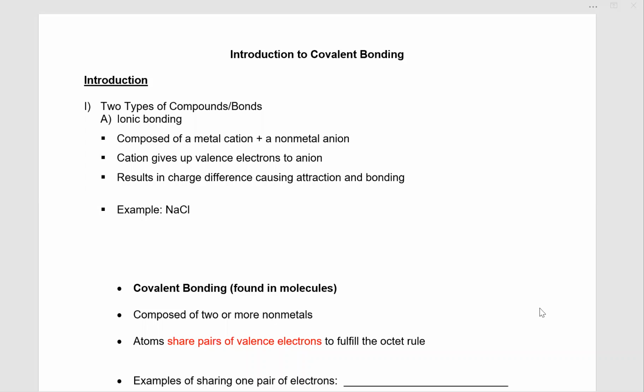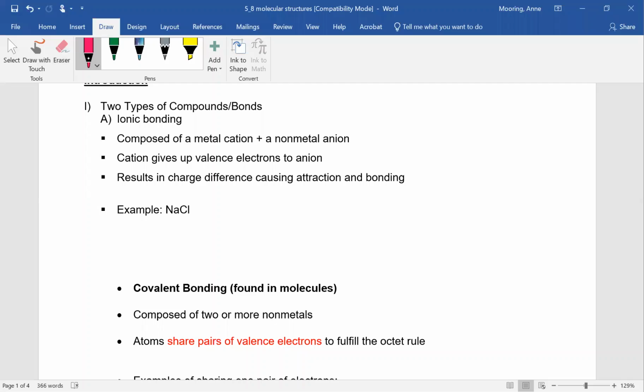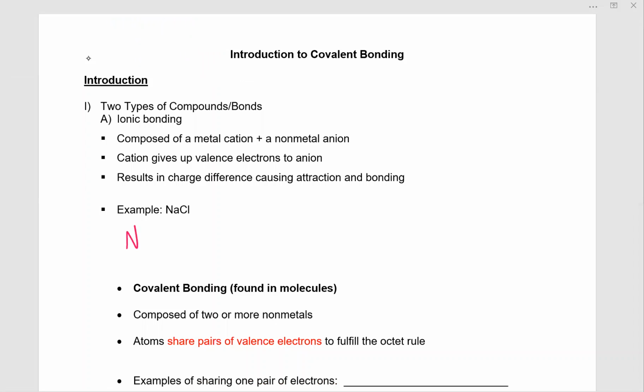So let's take a look at an example. Sodium chloride. So we have Na. Let me turn my pen on first. We have Na, and sodium has one valence electron, so we would just put one dot. Then we've got chlorine. Chlorine has 7 valence electrons because it's in the 17th group.